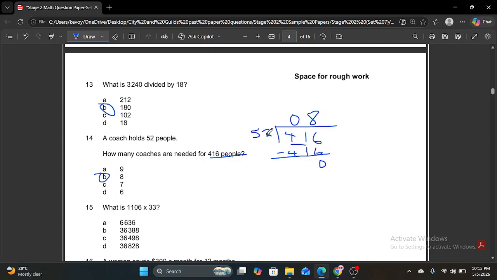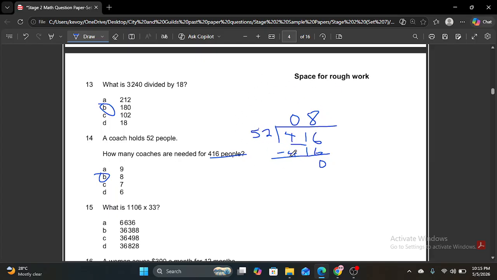You can just multiply, or do repeated addition of 52. Remember, multiplication is repeated addition. So 52 plus 52 is the same thing as 52 times 2. 52 plus 52 plus 52 is the same as 52 times 3. So these are just for the persons who need additional assistance.